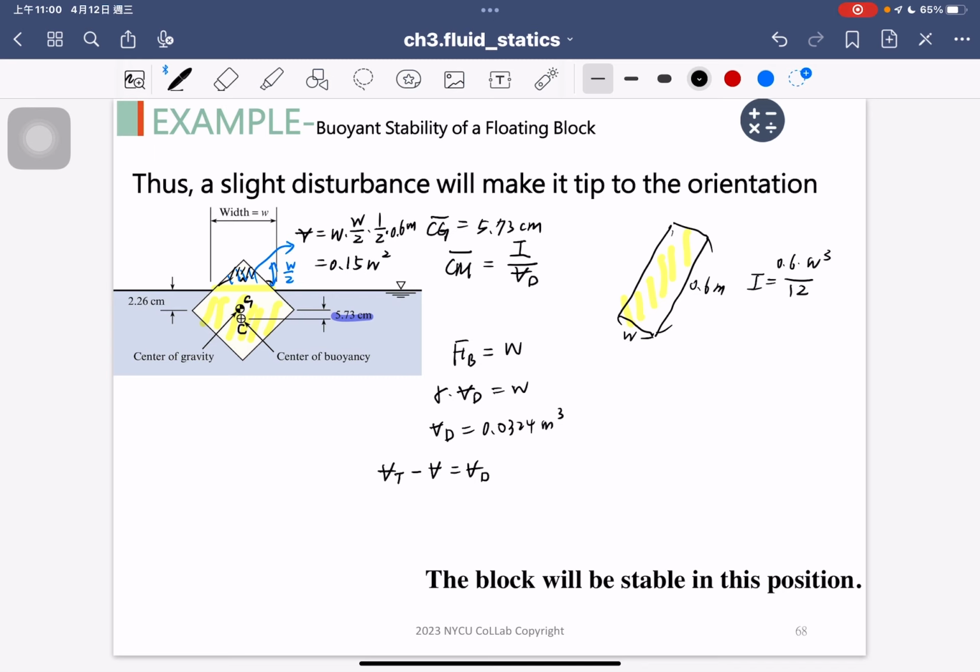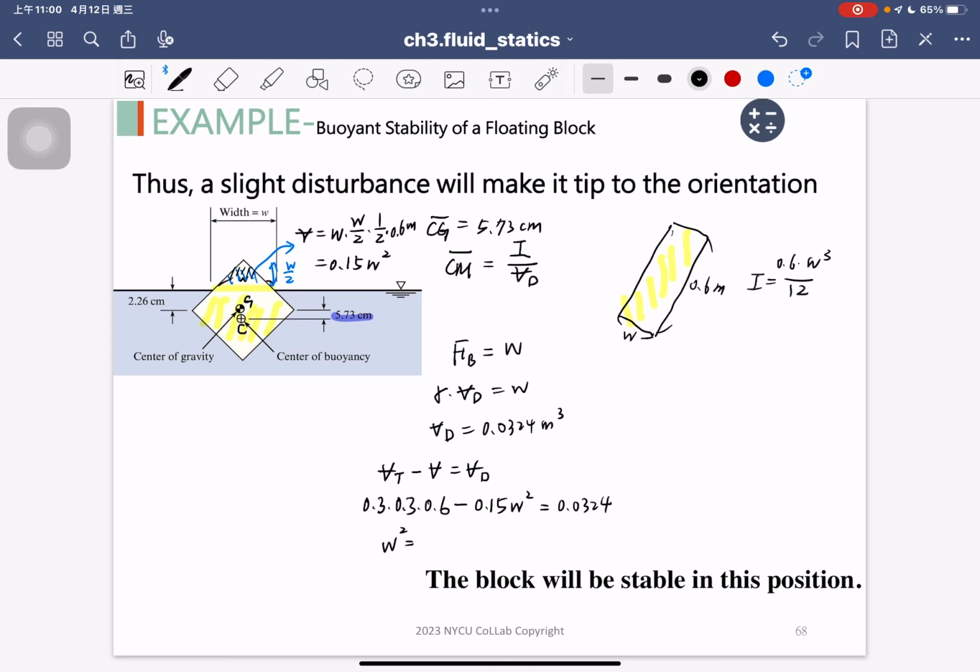The V total is the block total volume: 0.3 multiplied by 0.3, and the length is 0.6, minus the top volume 0.15 W squared, which will equal 0.0324. So just based on this equation, you can find out how large the W squared is.